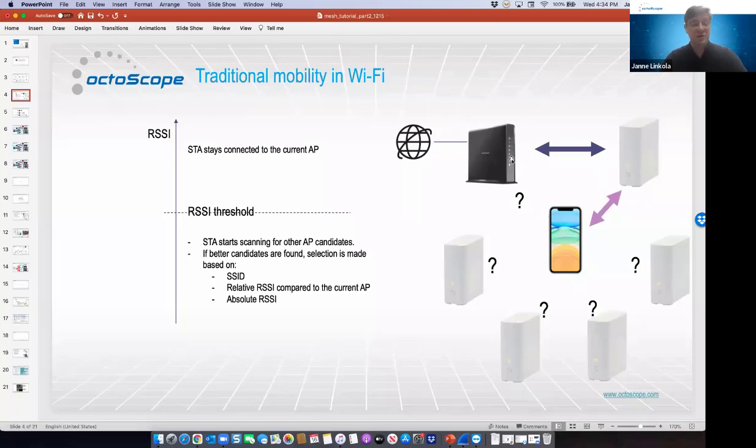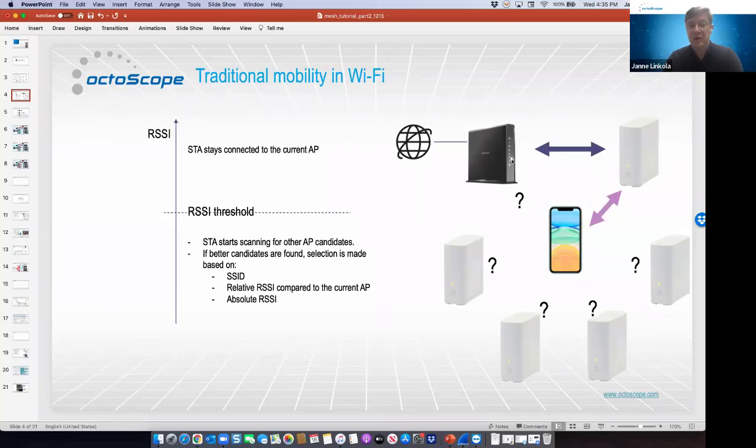And of course, the challenge is that traditionally in Wi-Fi, the station is the only entity involved in making roaming decisions. Usually these algorithms are very simple. Basically, they just look at RSSI and choose the access point with the highest RSSI as the one they connect to. Now, there's some stickiness involved as well, and some stations are very sticky. But anyway, with mesh Wi-Fi, that logic is just not enough.